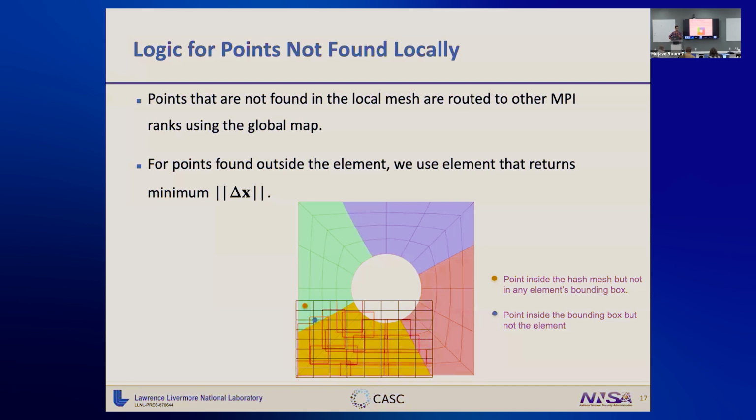So we're going to do a Newton search eventually, but we'll not really find it inside the element. We'll return instead the closest point on the element boundary and also the distance. And then when it's found within an element on another rank, eventually that will override the solution coming from this rank. Anyway, so that's basically our logic for finding the element that overlaps a point and the corresponding reference space coordinates.